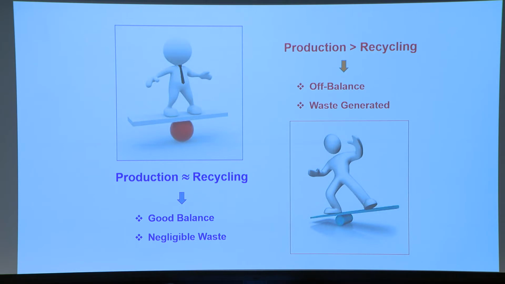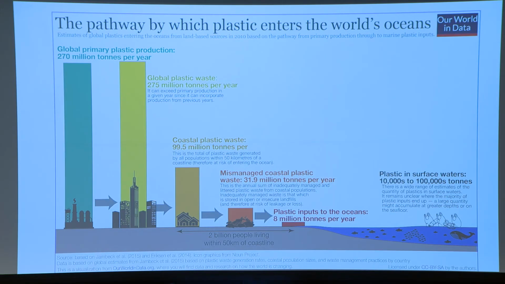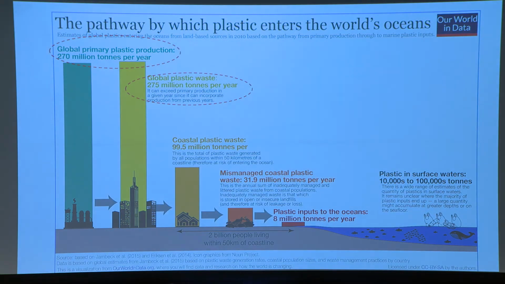But if we have more waste than the production, we are off balance, and we are in trouble. So there are about 270 million tons of plastics produced each year. About the same waste is produced each year. The coastal communities have a fair share of 99.5 million tons per year of waste, and about 32 million of it is mismanaged plastic.